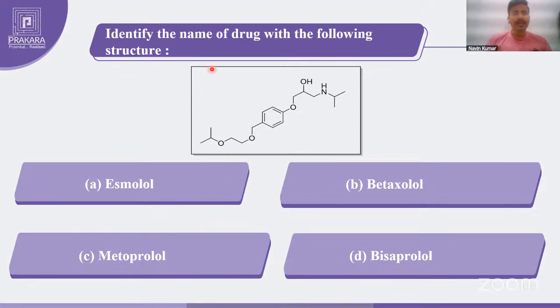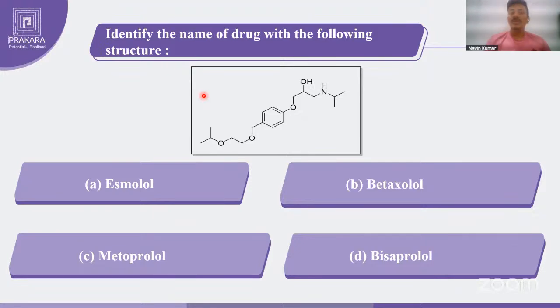Like this question, they have directly asked about the name of a given structure. The examiner has given us a structure, and they are asking which drug this structure belongs to.